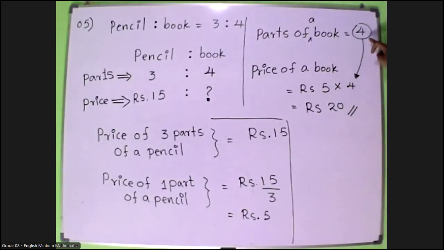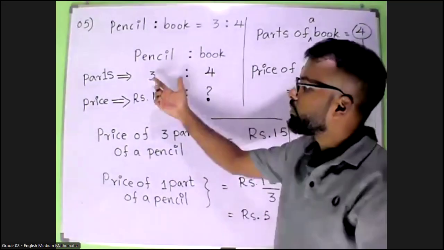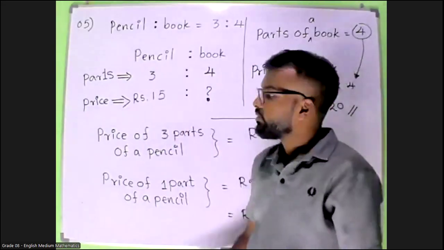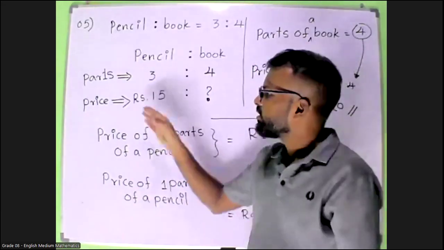No need to draw an arrow because this is for your reference. These 4 parts are what we need to take. All you have to do is find the one part, the price or whatever is given.